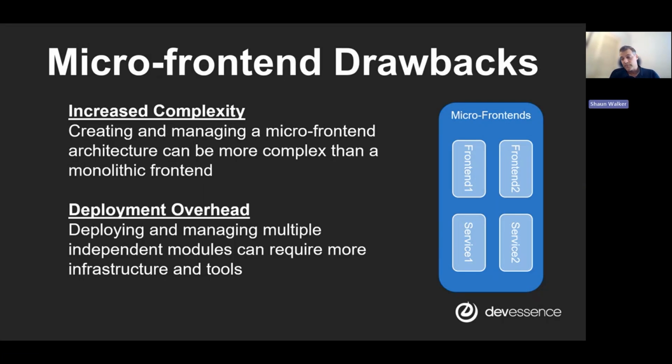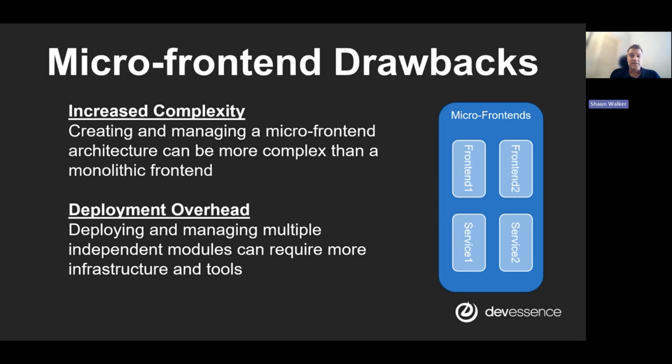Of course, there are drawbacks as well to micro-frontends. One of those drawbacks is that it is a bit more complex. So there is an increased complexity in building these types of applications. So creating that architecture so that you can manage a micro-front-end system is a lot more complex than building a monolithic application, because you have to think about how to cleanly separate all of the different pieces.